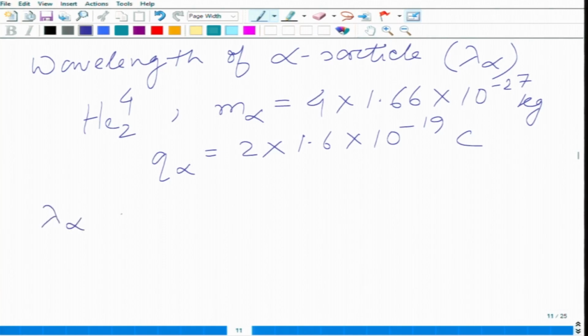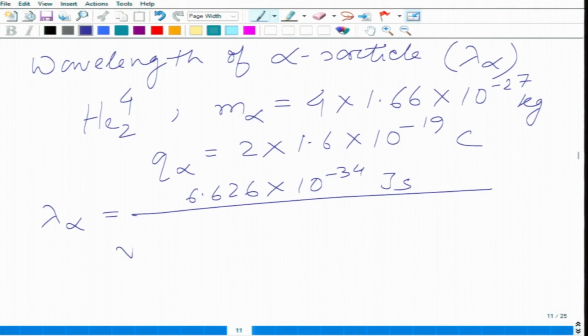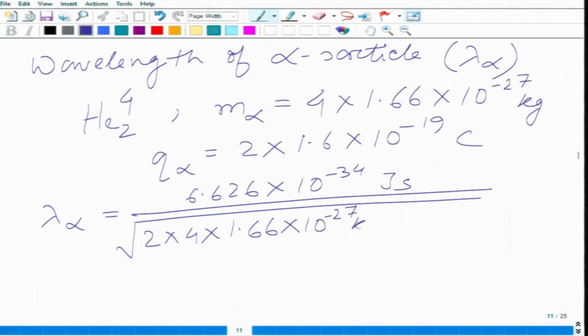So, the wavelength of alpha particle will be 6.626 into 10 to the power minus 34 joule second, this is Planck's constant, divided by root over 2 into 4 into 1.66 into 10 to the power minus 27 kg into 2 into 1.6 into 10 to the power minus 19 coulomb into V, right?